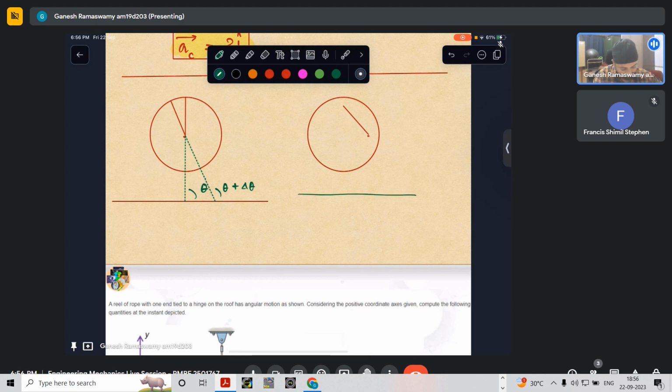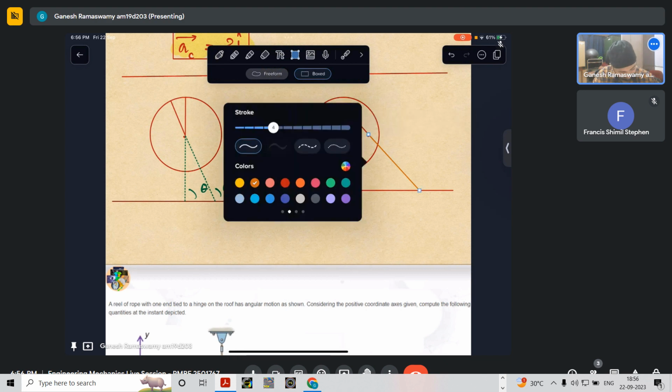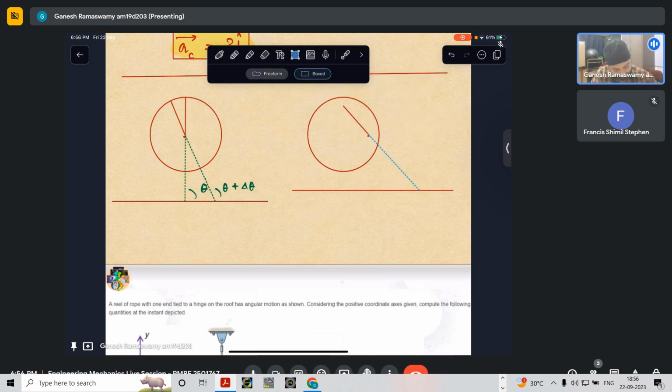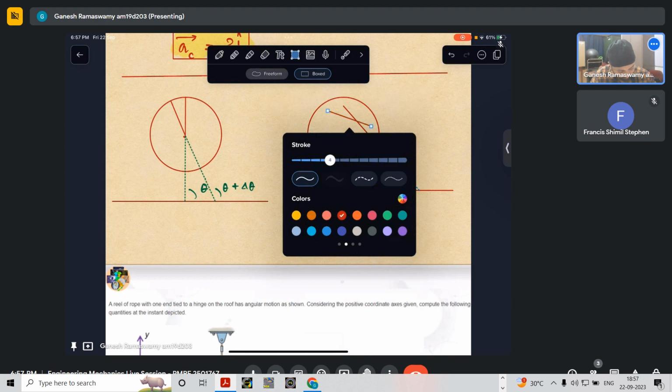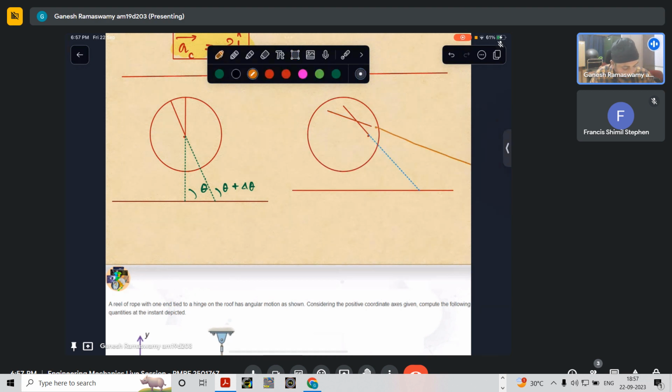If I take my reference like that, and let us say this is my extended line. After some time, it would have gone somewhere like that. Now in such a case, what I do to extend it is, I extend, it is going out of the plane, out of the screen.